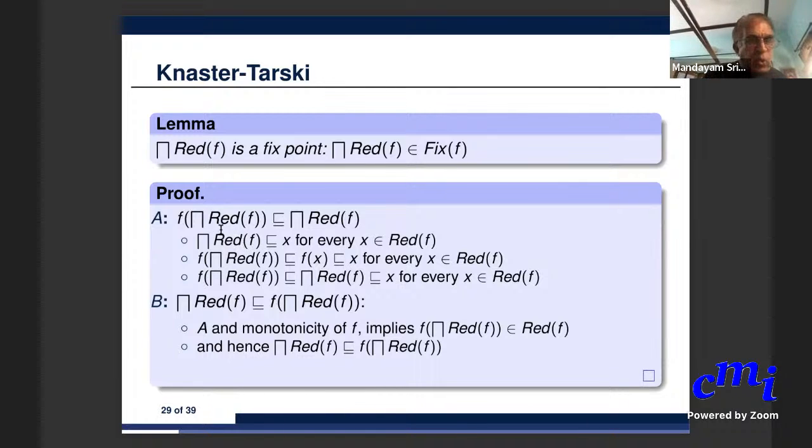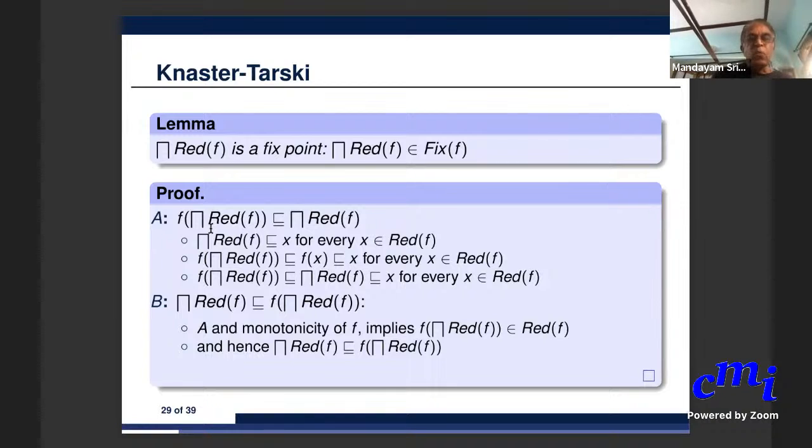So the first part of the proof here, part A, shows that f applied to the greatest lower bound of the reductive set is indeed less than or equal to the greatest lower bound.